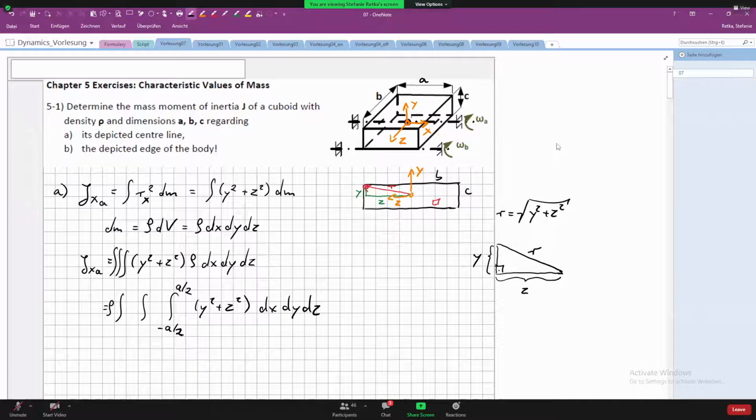Now the y coordinate runs from minus b over 2. Oh, it's minus c over 2 to plus c over 2. And the same for the z coordinate from minus b over 2 to plus b over 2.